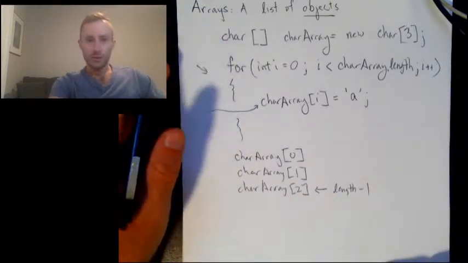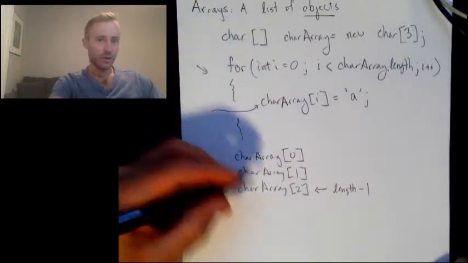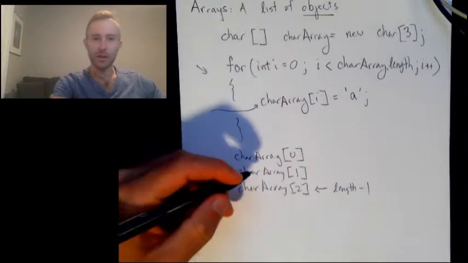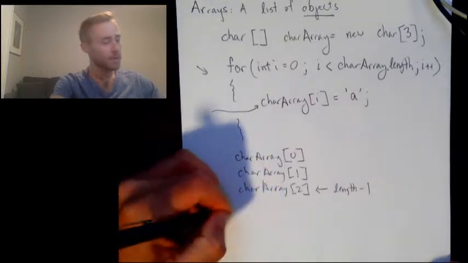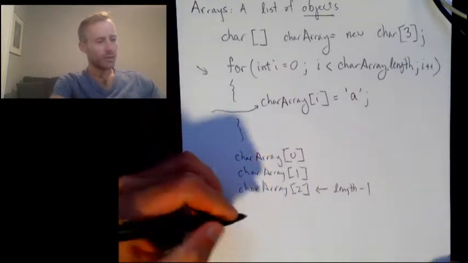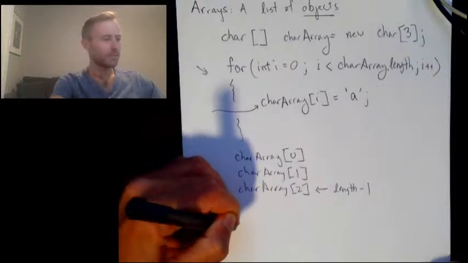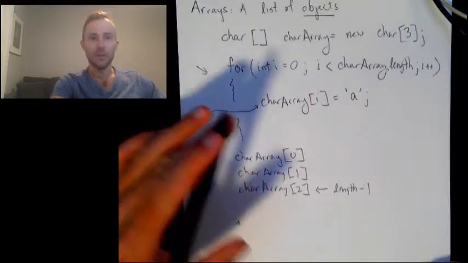Another way to initialize an array, to set its values, is to use curly brackets. So let's say I wanted to create an array of strings. Actually, let's create a Boolean array.